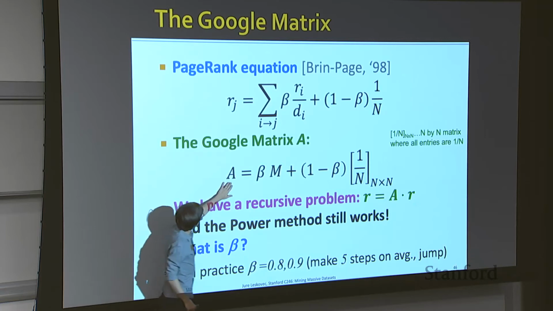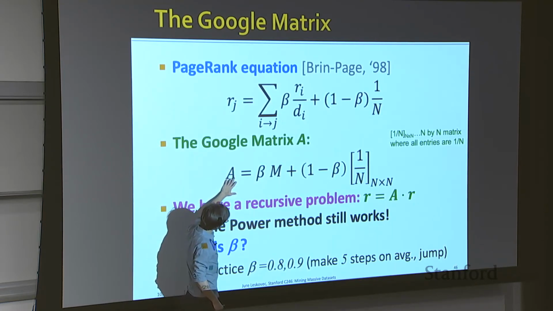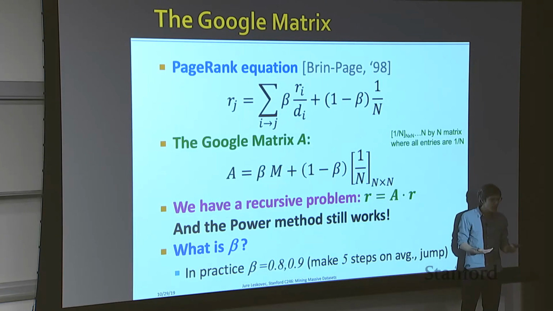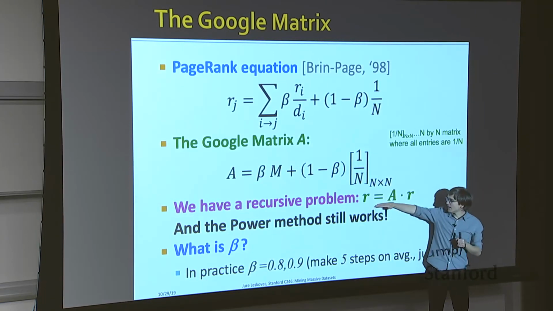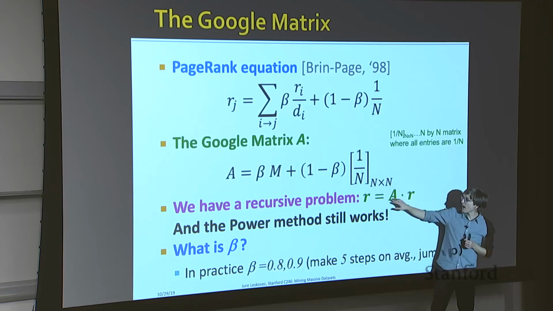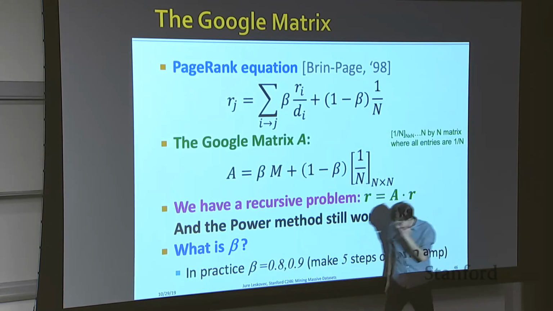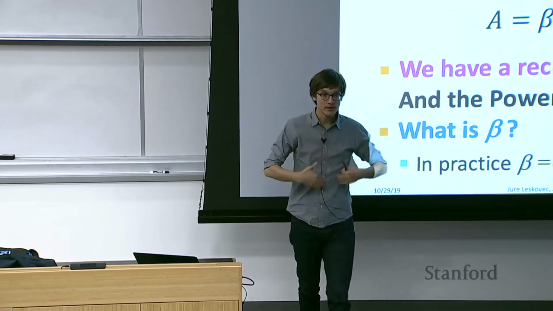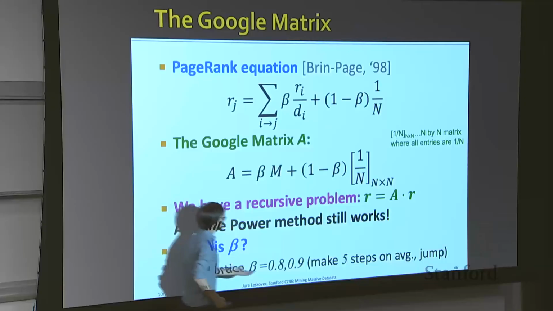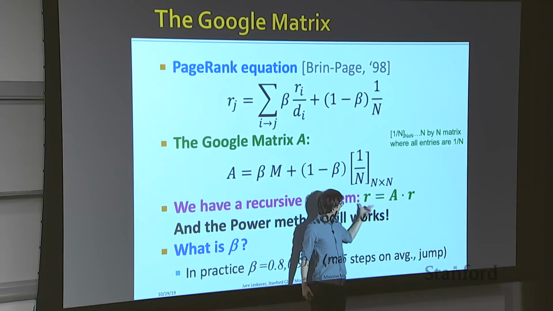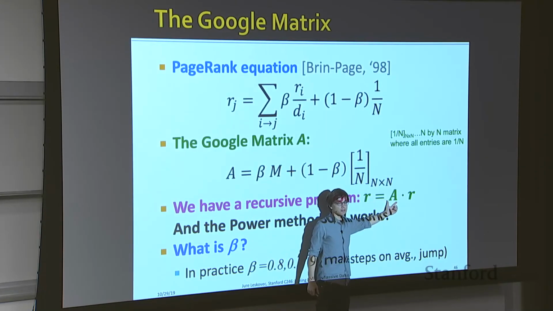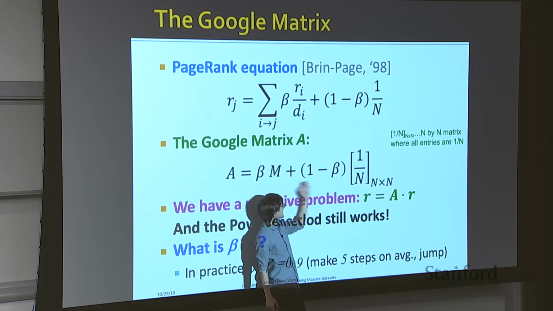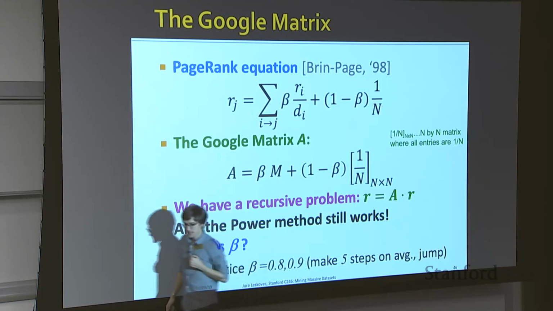If I write A this way, then I can rewrite r equals M times r as r equals A times r, where A is now this matrix. So what does this mean? This means that even this random walk with teleportations is still an eigenvector of a different matrix, the matrix A, which is the matrix M plus some constant matrix.